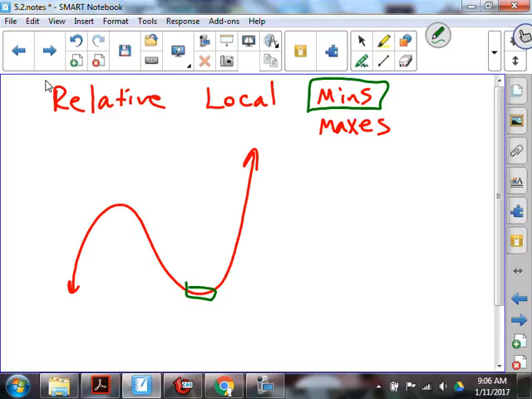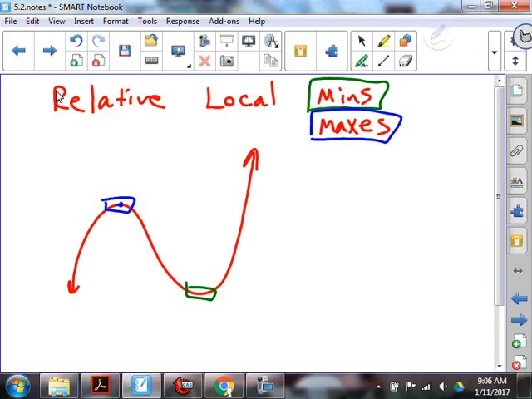And a relative local max is not an absolute maximum, but nonetheless the function does have a maximum at that particular point. I think now would be a prudent time to see if we can find those because our graph has them.